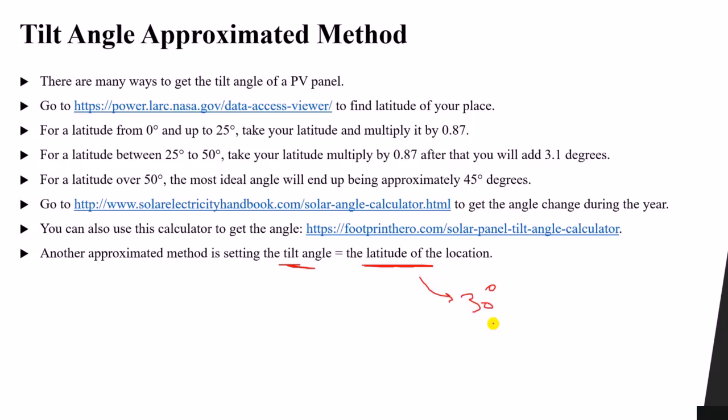This is the easiest and most approximate method that is used. So you can see we have how many methods? One, 2, 3, and 4 methods. Let's see in the next lesson, using these, what the tilt angle will be in this location.